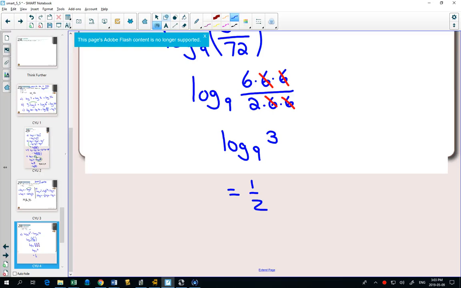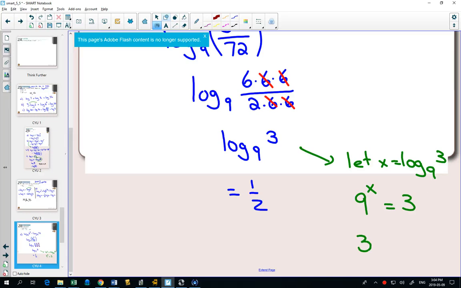If not, you might have said, I'm going to let x equal log 9 of 3. I'm going to change this to exponential form. My base is 9, my exponent is x, my answer is 3. And then how do I solve these equations? Are 9 and 3 on the same powers chart column? Yes.